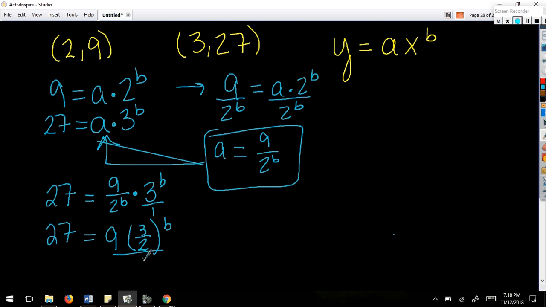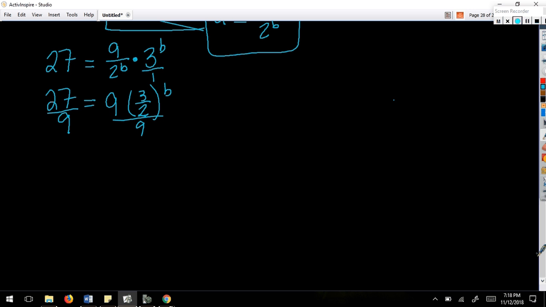All right, I'm going to divide both sides by 9 because, again, my goal is to find out what b equals. And I have 27 divided by 9 is 3. 3 over 2 to the b power. Again, I'm going to change form. So I have log base 3/2 of 3 is equal to b.